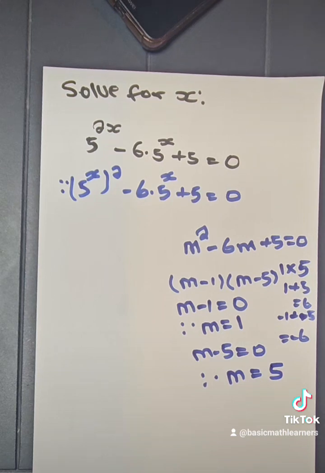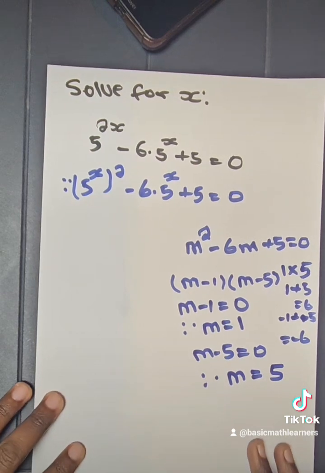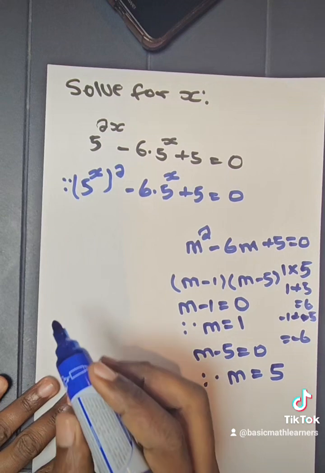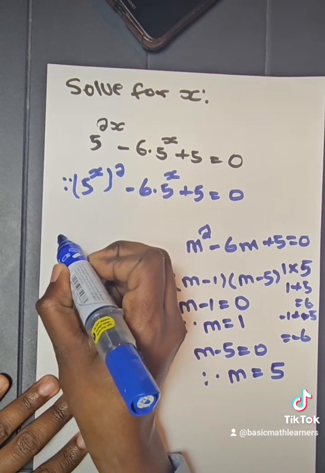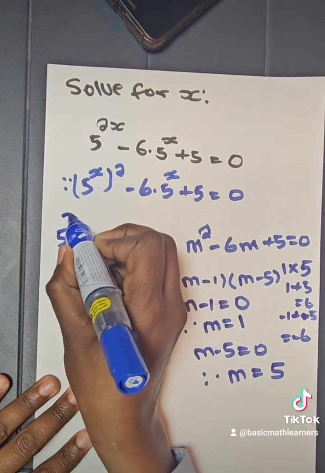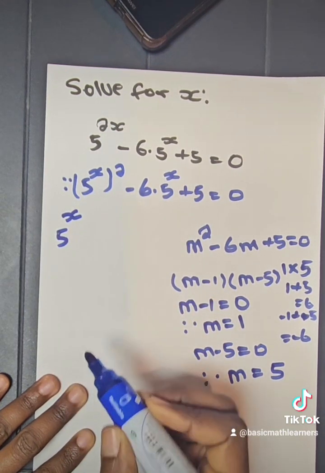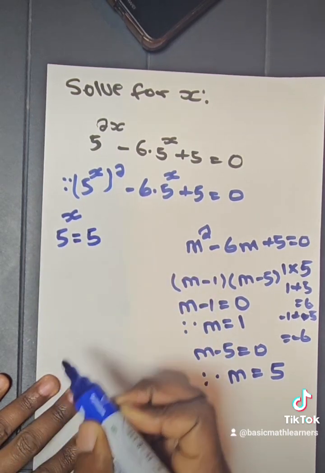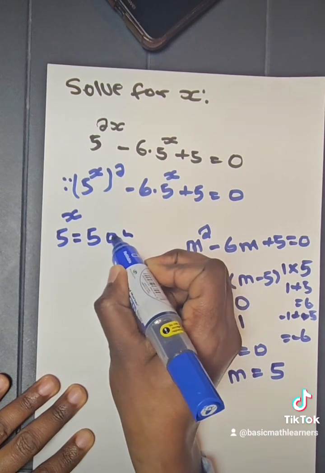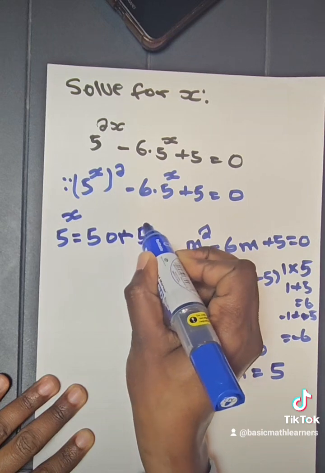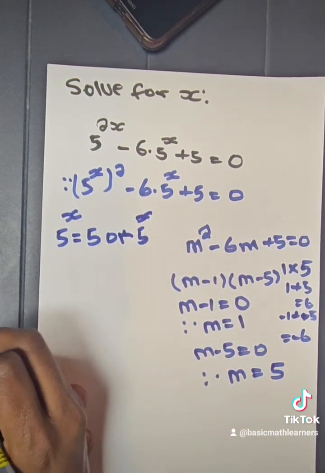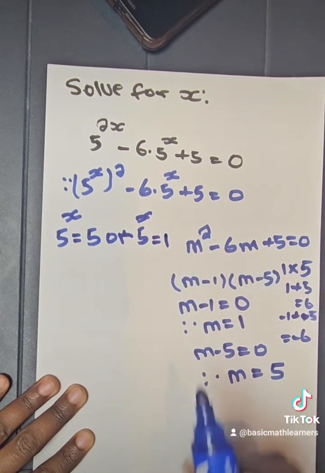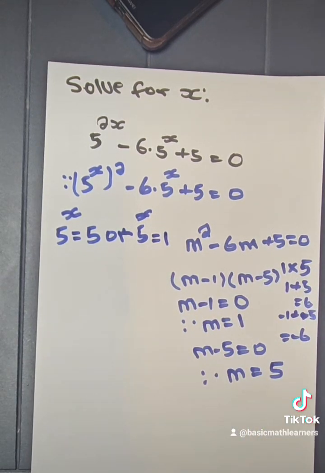Now, we did solve it for m. Let's take the solution for m and get our exponential equation: 5 to the power of x equals 5 or 5 to the power of x equals 1, because we get two values for m, 1 or 5.